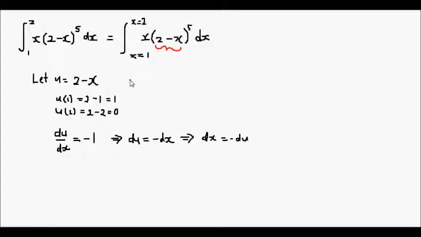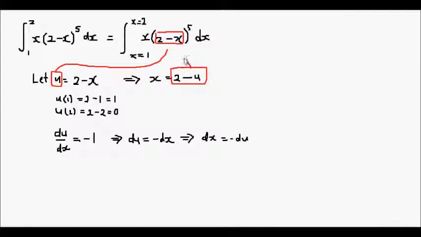And since u is equal to 2 minus x, that implies x is equal to 2 minus u if I rearrange this equation. So to explain this a bit more clearly, we are substituting u for 2 minus x, and we are substituting x for 2 minus u.